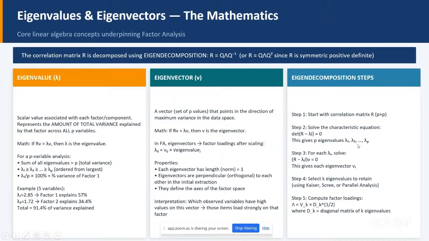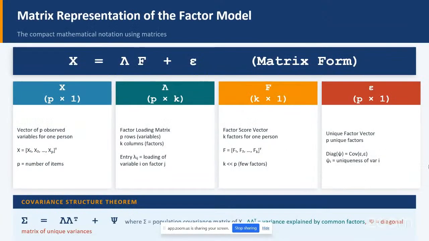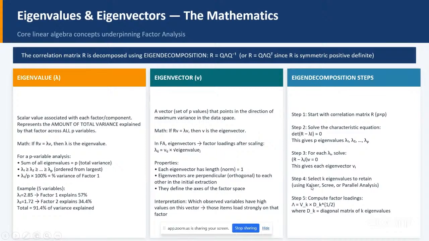You will get p eigenvalues. For each eigenvalue, lambda i, you solve for vi to get the eigenvector. For each eigenvalue we get an eigenvector. Then select k eigenvalues to retain, because we have k factors, so we will be dealing with k eigenvalues.